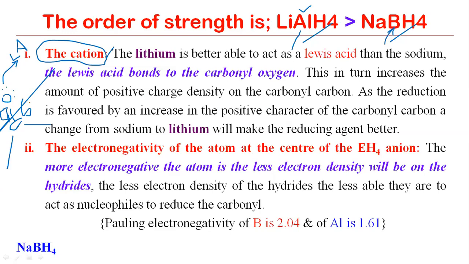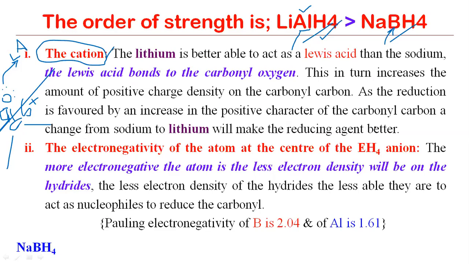The partial positive charge will be higher in these cases. Aluminium is a better Lewis acid as compared to boron, and it coordinates with this oxygen. So the charge density on this carbon is high, so hydride can attack easily in the reduction with lithium aluminum hydride as compared to sodium borohydride.